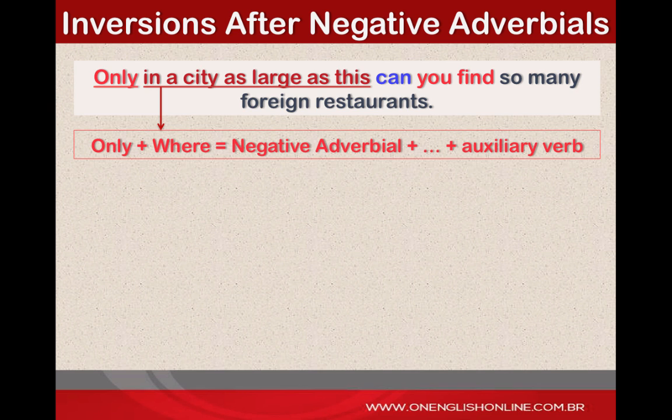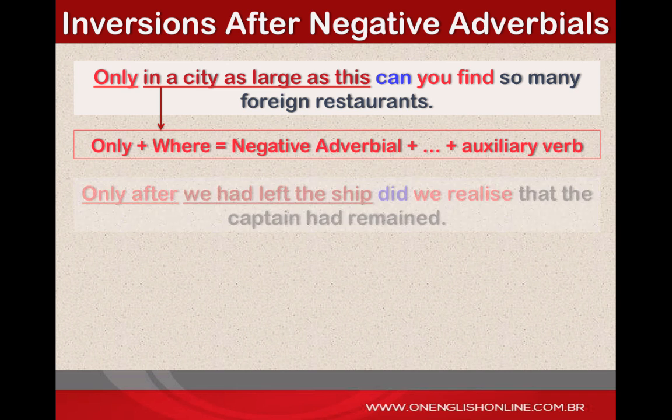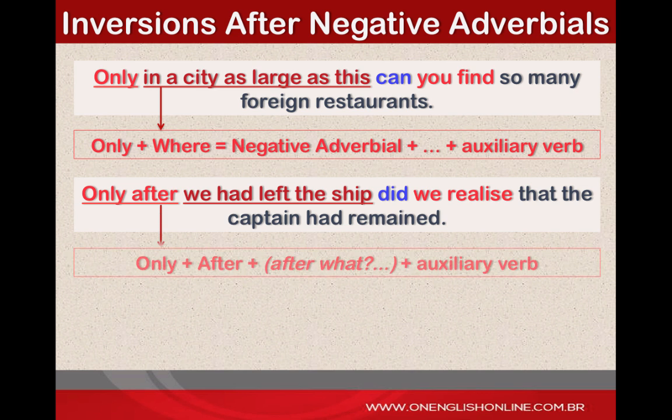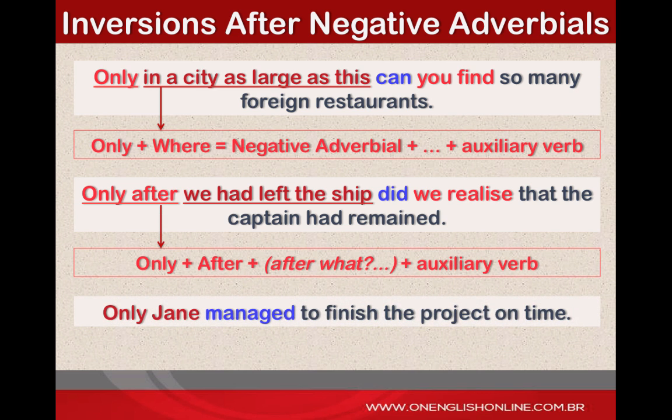Note that the inversion does not come immediately after the negative adverbial. Only after you collocate only with another adverb can you change the sentence word order. Attention! If the only combination does not form an adverb of place or time, there is no inversion, okay?